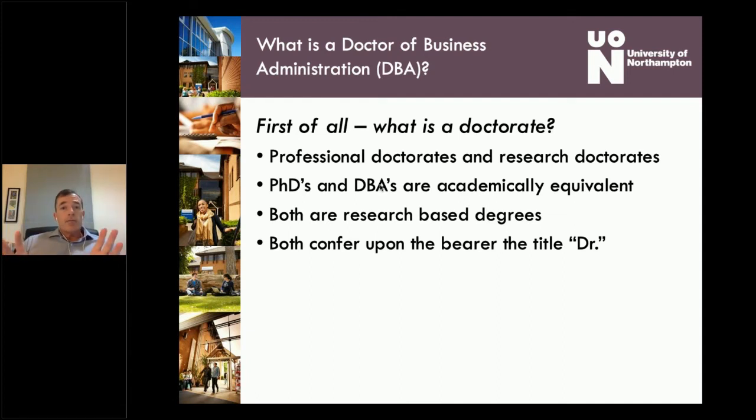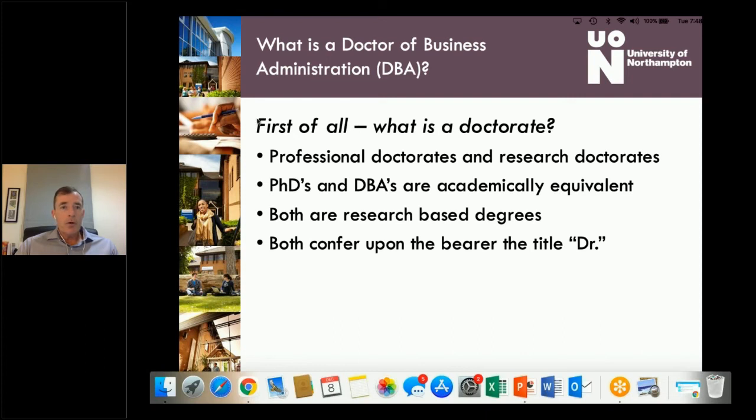But there are two types of doctorates. One is a professional doctorate, and these degrees are for people who are primarily engaged with the profession. For example, the one you'll be most aware of, I'm sure, would be when something's wrong with you and you go and see a medical doctor. That doctor has a professional doctorate, a doctorate of medicine.